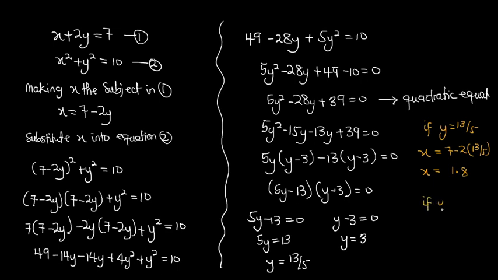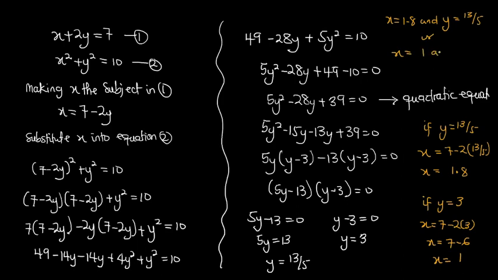Now, if y is equal to 3, then I'm going to have x equal to 7 minus 2 into bracket 3, and that will give me 7 minus 6, and x is equal to 1. So therefore, my answer is x is equal to 1.8 and y is equal to 13 over 5, or x is equal to 1 and y is equal to 3.